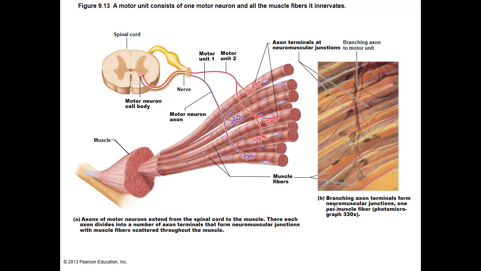Motor unit number 1 is going to branch and control only 2 of the fibers in there. We want multiple neurons controlling the same muscle so that if you have damage to one, you can still move the muscle. We damage neurons all the time, yet we don't lose full control of our muscles. We've got lots of motor neurons controlling different fibers inside of there.